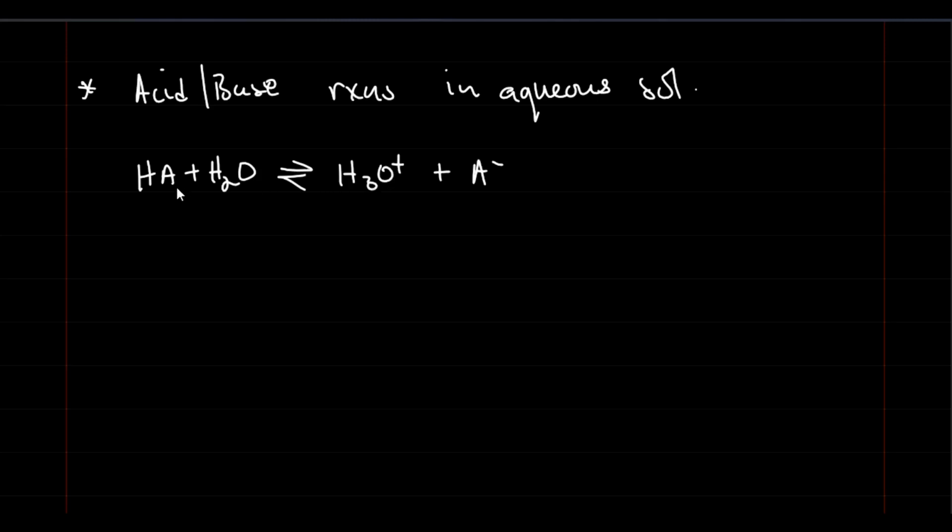Well, it's because according to Arrhenius, when we dissolve an acid in water, the concentration of the hydronium ion will increase in water, or we can say that the hydronium ion is being produced in water. Okay, guys, so this is just a general equation of any acid.